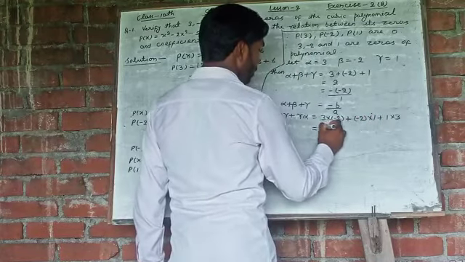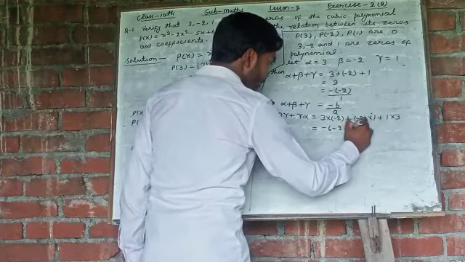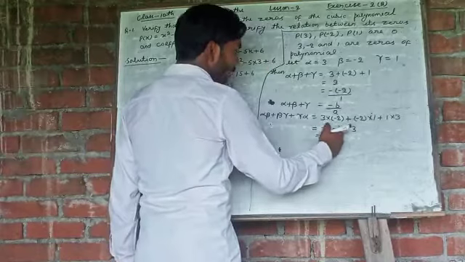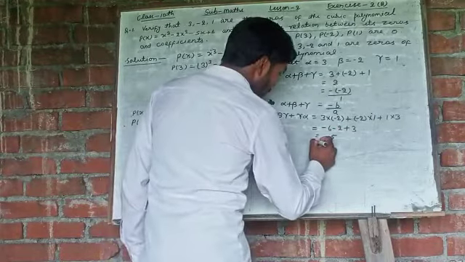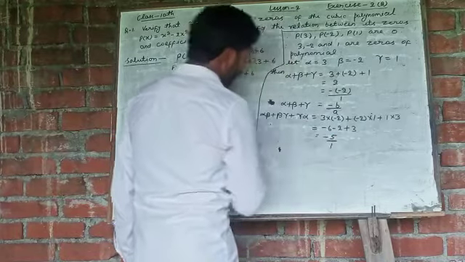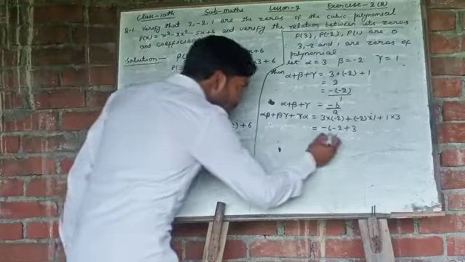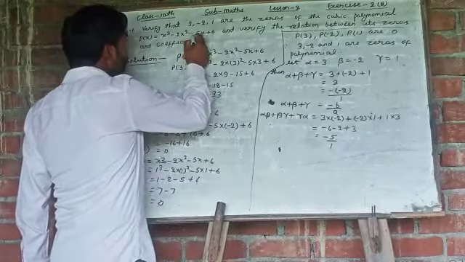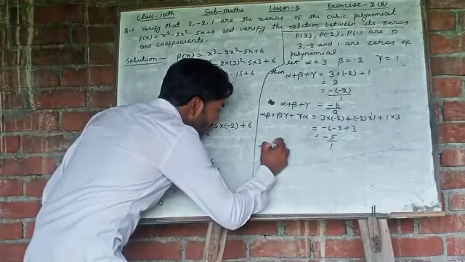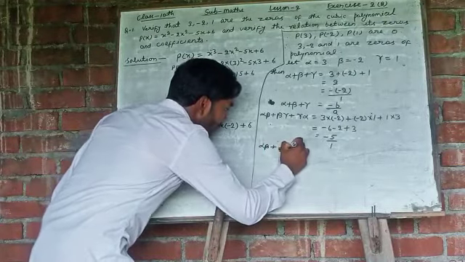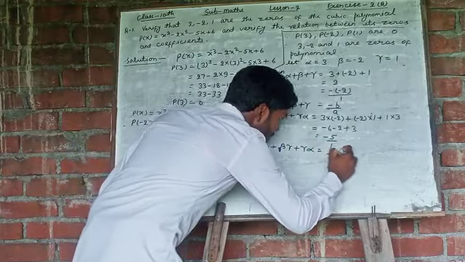So it will be -6, from here we get -2, and this one will be 3. So -8 + 3 will be -5. We can write it as -5/1, and we know that this -5 is the c. And in the relationship I have already told that alpha beta + beta gamma + gamma alpha = c/a.